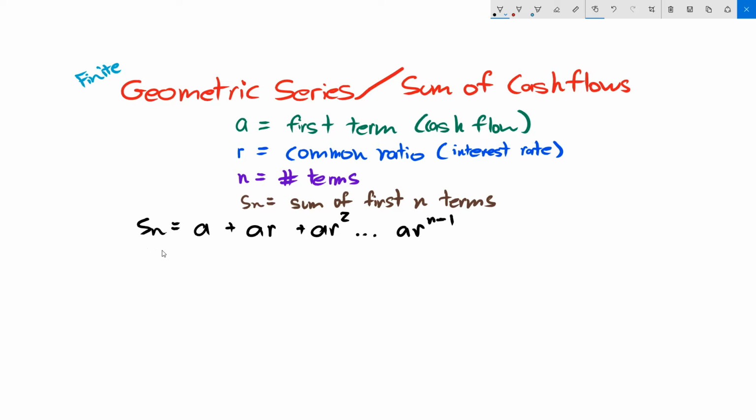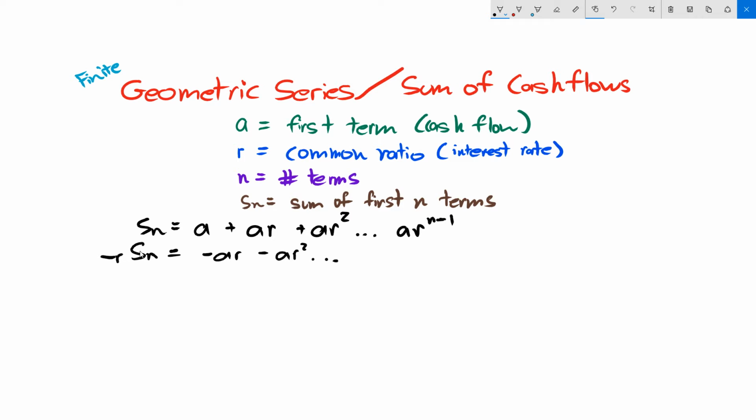So let's figure out a little math trick, and what it is you can times both sides by negative r, or negative common ratio, and that's going to give you negative ar minus ar squared.